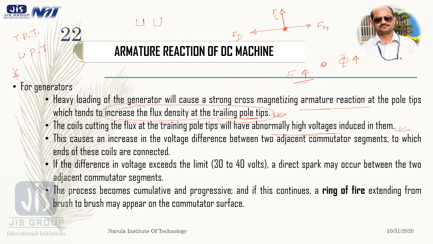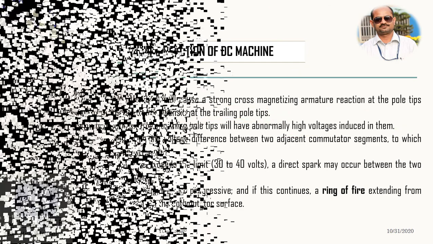From one brush to another brush it will spread and ultimately it will destroy the commutator segment, because of the cross magnetizing effect and crowding effect in the trailing pole tip.